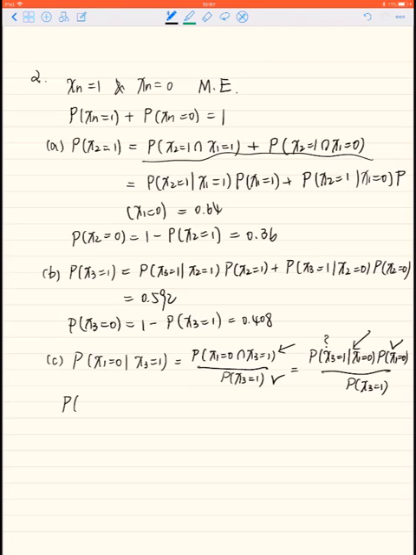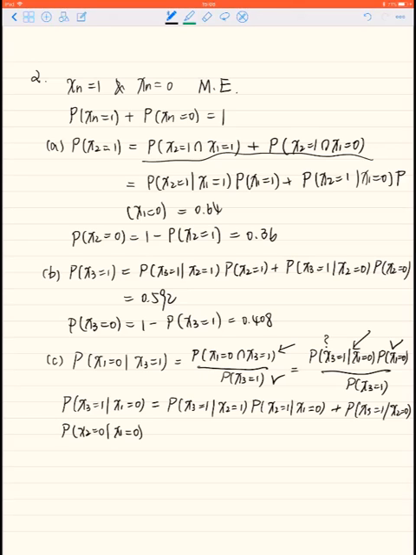The probability that X3 equals 1 given X1 equals 0 should be expanded as the probability that X3 equals 1 given X2 equals 1, times the probability that X2 equals 1 given X1 equals 0, plus the probability that X3 equals 1 given X2 equals 0, times the probability that X2 equals 0 given X1 equals 0, and that should be 0.52.